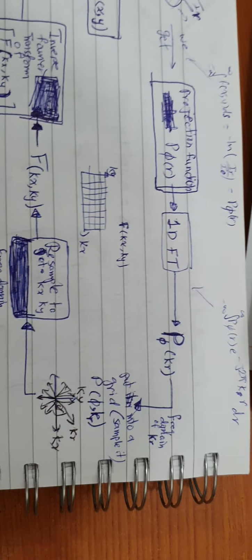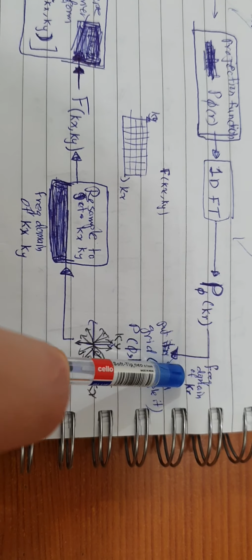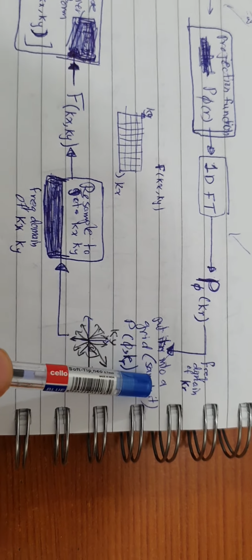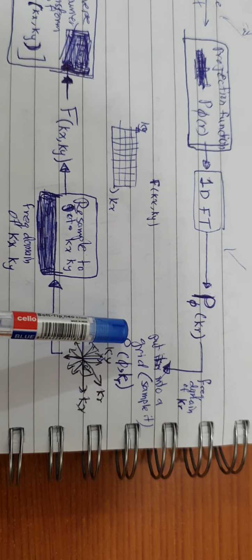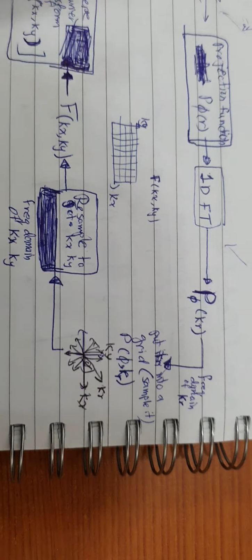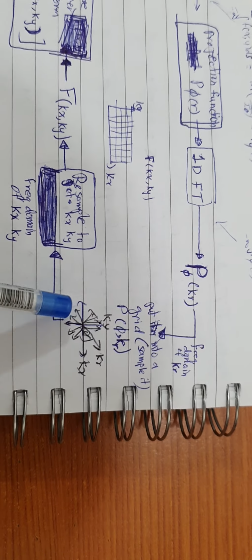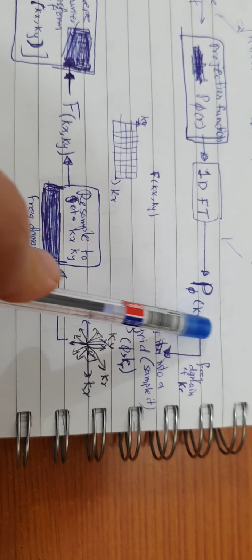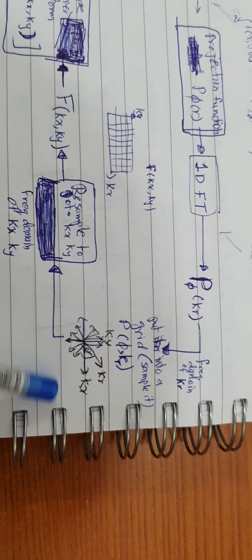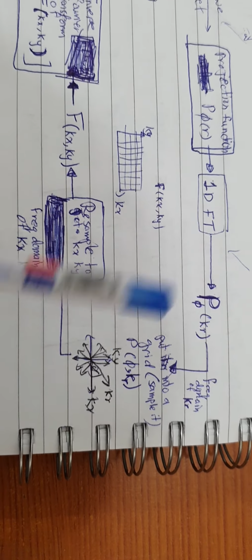And k is merely the sum of kx and ky. Okay, now that we are in the frequency domain of kr, we put it into a grid and sample it, so it would be p of phi kr. What does that mean? Okay, we know what kx and ky are, which are the axes.